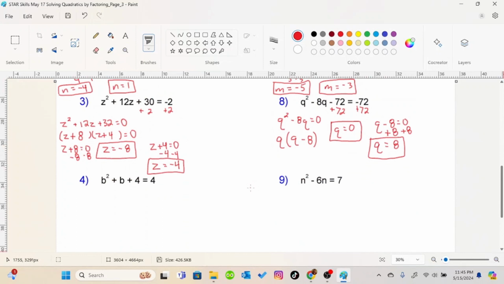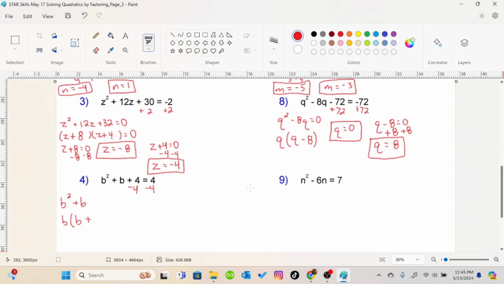Number 4. We're going to subtract 4 from both sides, and this gives us the standard form equation b squared plus b equals 0. We're going to factor a b. B squared divided by b is b.